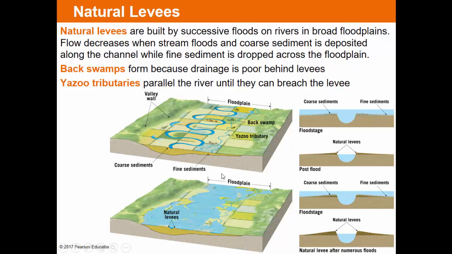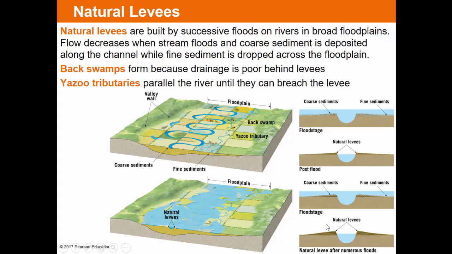Another interesting thing it does is by depositing a lot of clay and silt back here on the edge, it creates a layer that's not very permeable to water. So you tend to get swampy areas on the edges away from the main channel, which we refer to as back swamps.